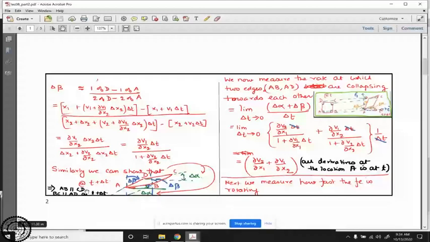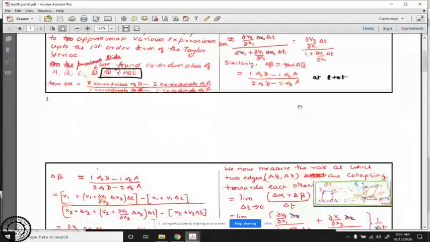All right, here I have written a comment that following the procedure that we had on the last slide and on the left side of this slide, you can show that just like AB, CD will also have the same angle. I mean, the angle that CD is making with the E1 axis at T plus delta T will also turn out to be the same as what we found earlier.